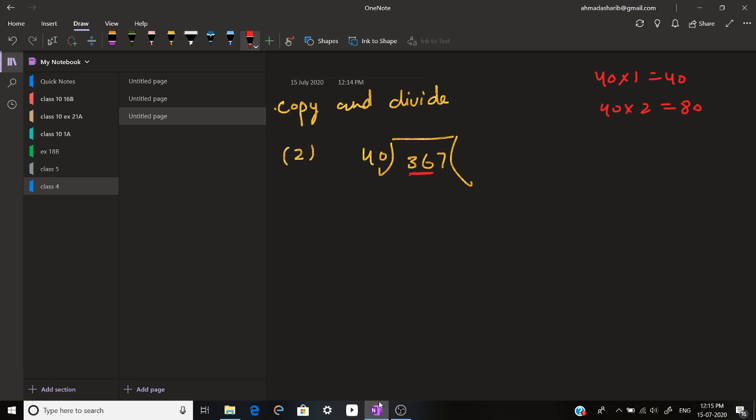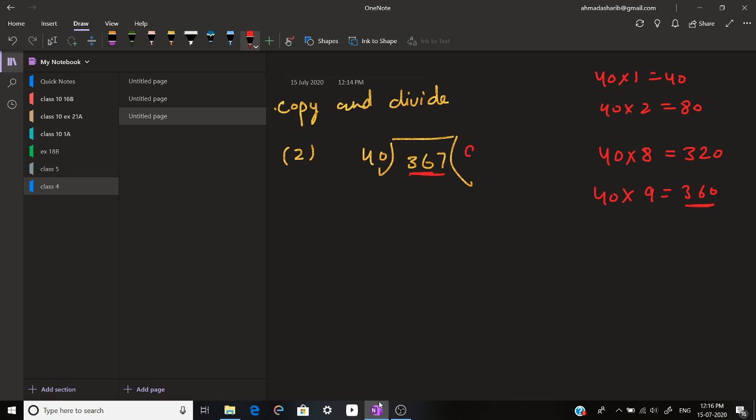Okay, so let's say 40 into 8 is 320. Okay, so 320 is less than 367. So 40 into 9 we will do. So we will get 360, and 360 is less than, but it is nearby 367.